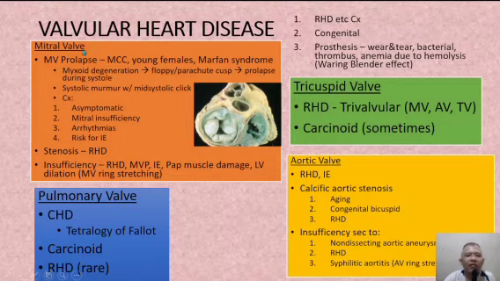For example, mitral valve prolapse is very common in cases of Marfan syndrome, wherein there is a myxoid degeneration leading to the prolapse of the mitral valve into the previous chamber, or the left atrium. Mitral stenosis is very common in rheumatic heart disease.